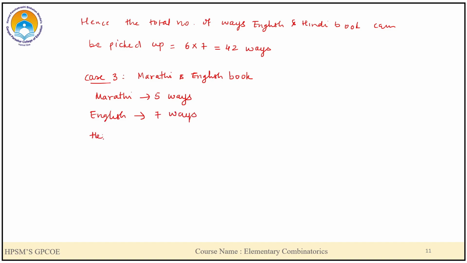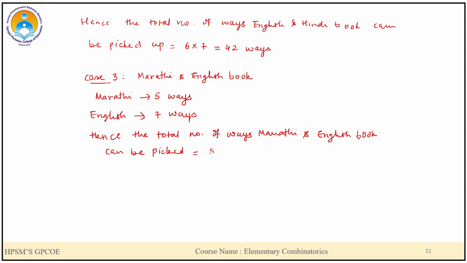Hence the total number of ways Marathi and English book can be picked is equal to 5 into 7, which is equal to 35 ways.